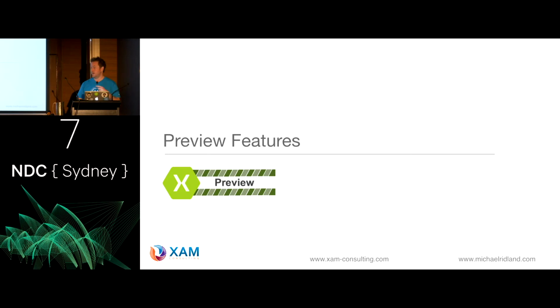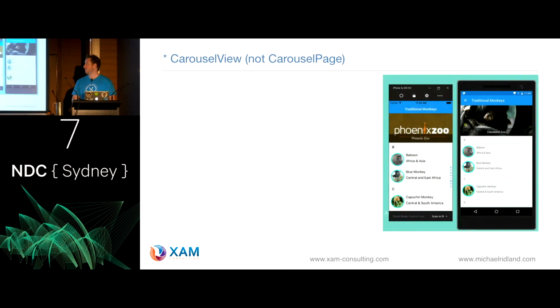Some of these have been in preview for a while, so it won't be long before they actually come out. The CarouselView, not the CarouselPage. When Xamarin.Forms first came out, it had this thing called a CarouselPage. It didn't work that well, and they said don't use it, use the CarouselView. The CarouselPage was really slow.